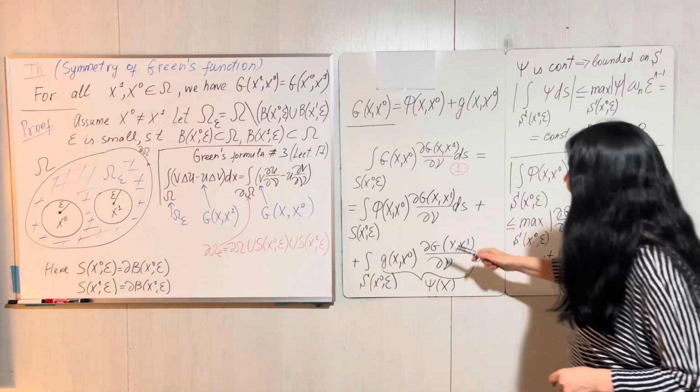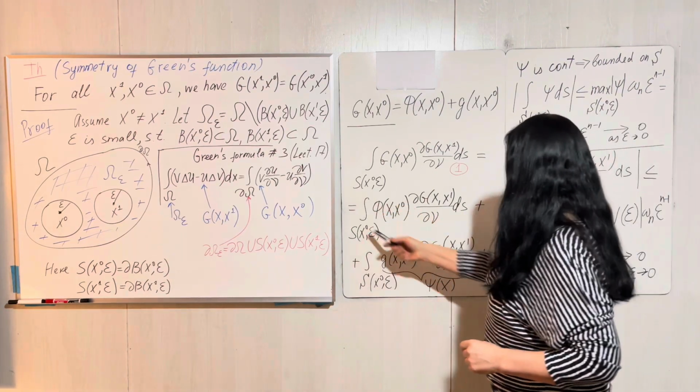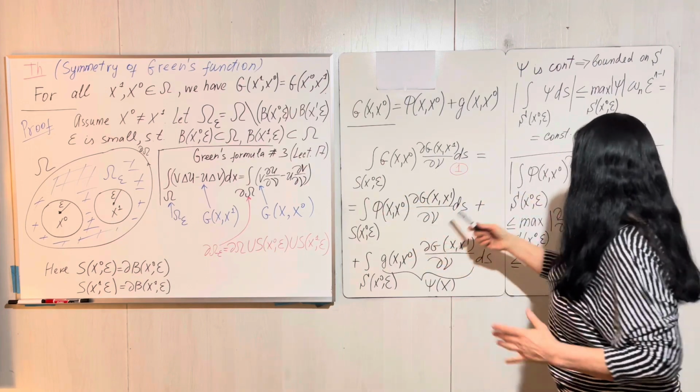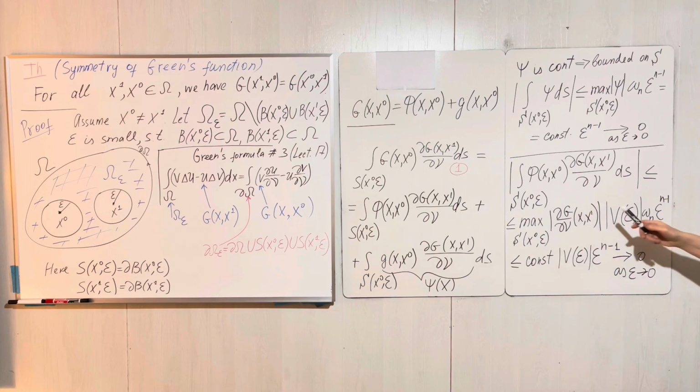Now let's look at the previous integral with phi and do exactly the same. Take the absolute value of this, and g is still a continuous function; its derivative maybe will not affect anything.